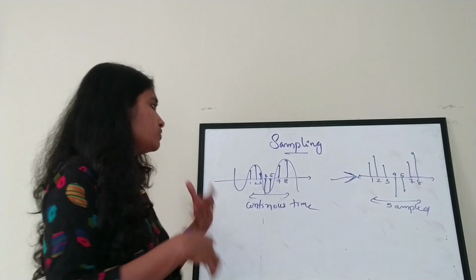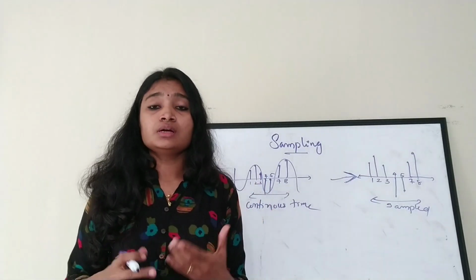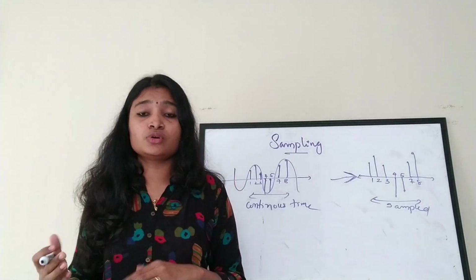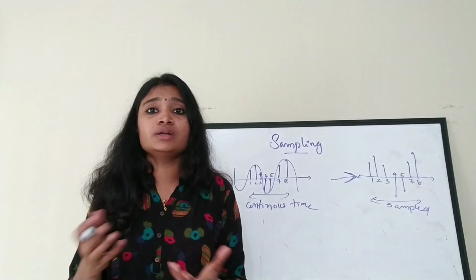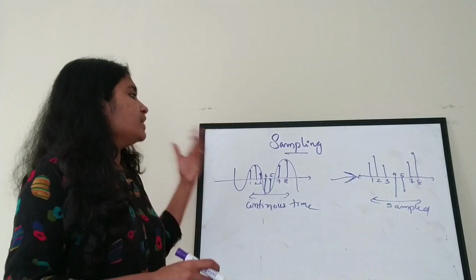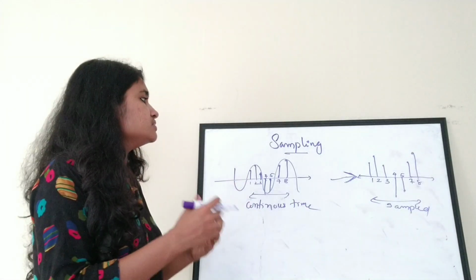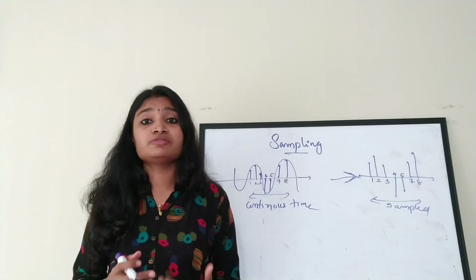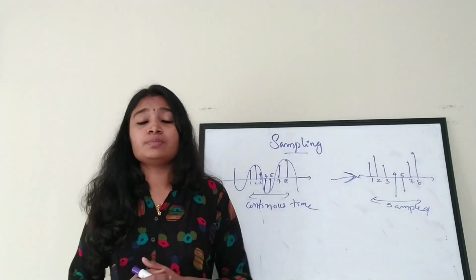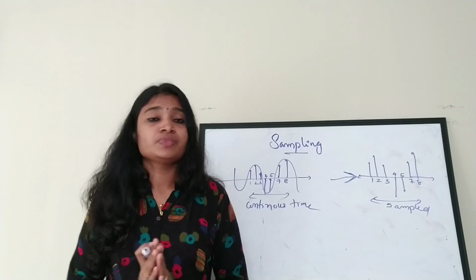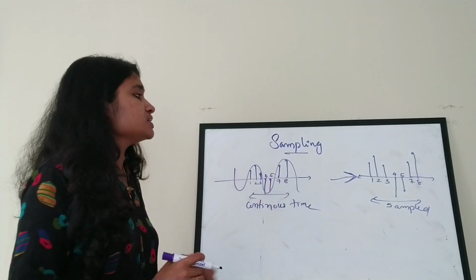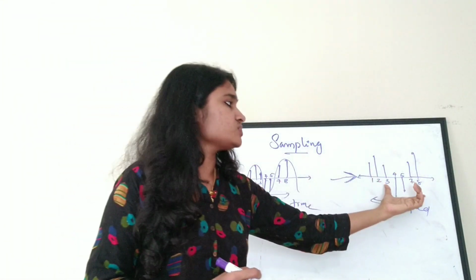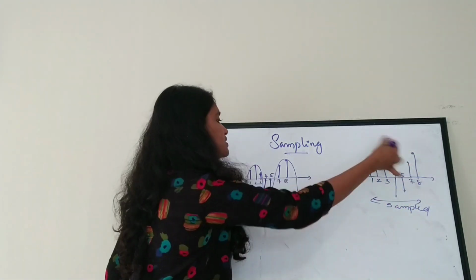So after the signal is digitized, we have to reconstruct it back to the analog form for real world applications. So in order to have a perfect reconstruction, while selecting the samples we have to follow certain criteria. So this is actually the sampled signal.